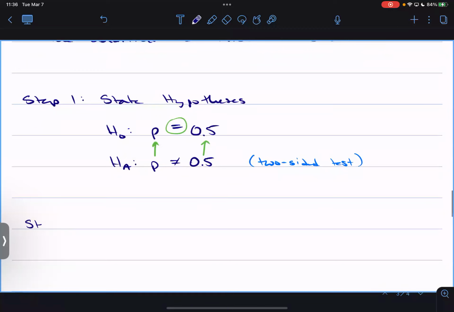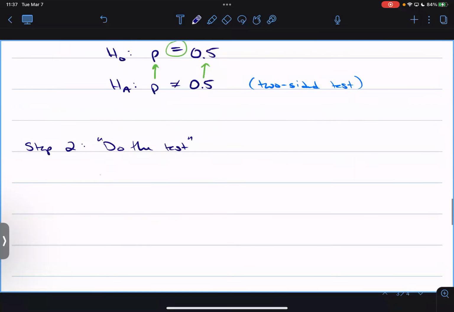Step 2, do the test, which is really calculate the test statistic, but it doesn't sound as fun. Z is p hat minus p naught over the square root of p naught q naught over n.